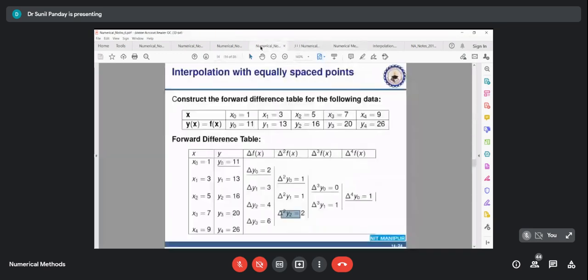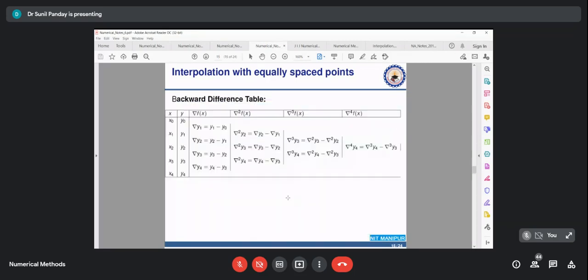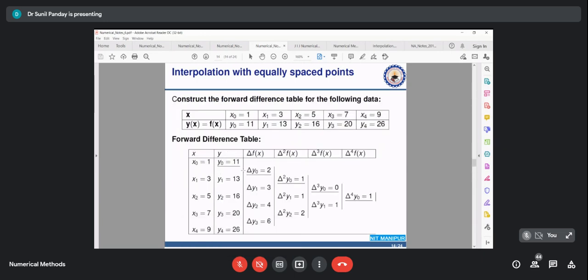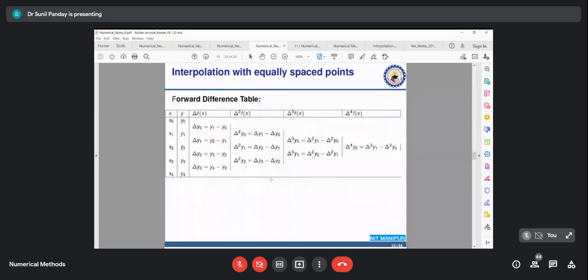So again we come back to this. You can see that we have already discussed this. This is the table, and this is its forward difference table. Now this is the backward difference table. In the backward difference table I am writing nabla of y1, but it is again y1 minus y0. Here also I calculated y1 minus y0.